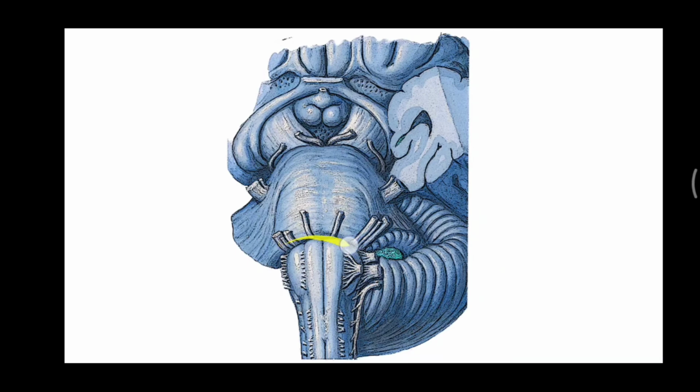The horizontal sulcus, which you have seen already in the medulla, represents the ventral demarcation of the pontomedullary junction, and gives attachment bilaterally in a mediolateral direction to the abducent, facial and vestibulocochlear nerves.